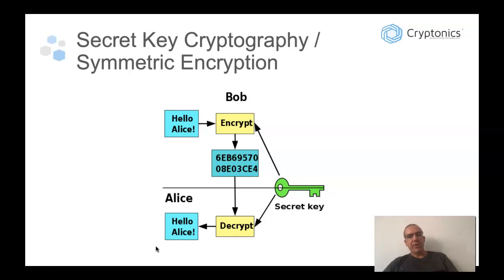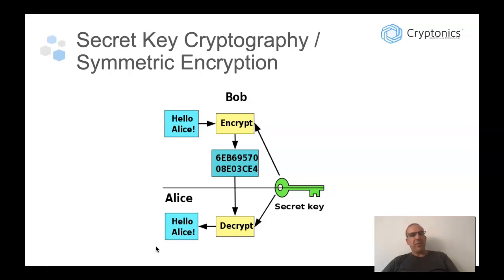That's very simple, a secret key like a key phrase or something like this. The problem with this is obvious: how do you get the secret key from Bob to Alice? That was a big problem in classic cryptography and even in modern cryptography until the 1970s.